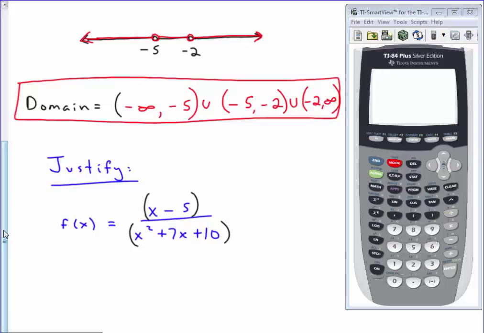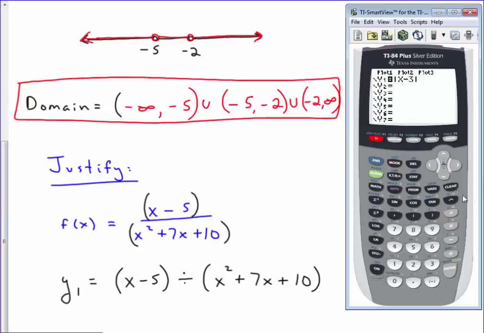When I type it into the Y1 menu on my calculator, it would look something like this: open parentheses, x minus 5, close parentheses, divide by, open parentheses, x squared plus 7x plus 10. So let's go do that. If you have a function in there, clear that function out.